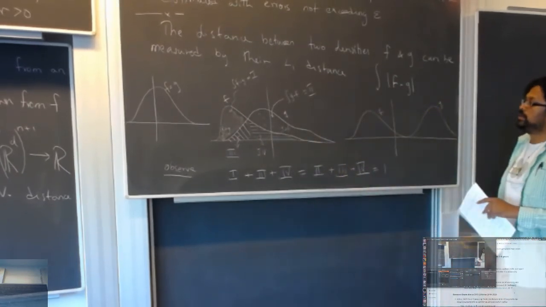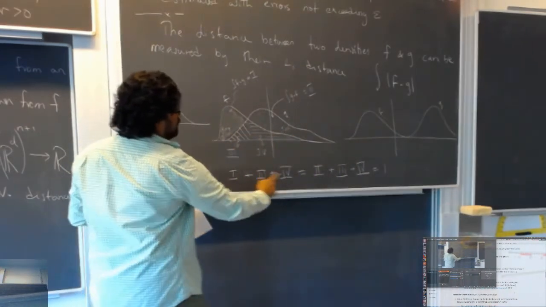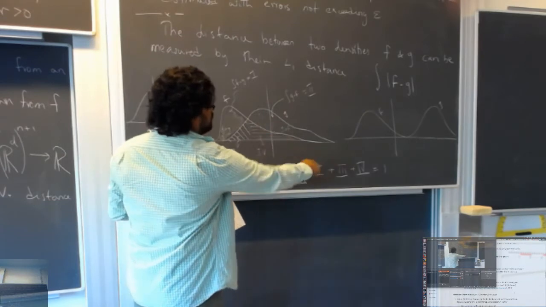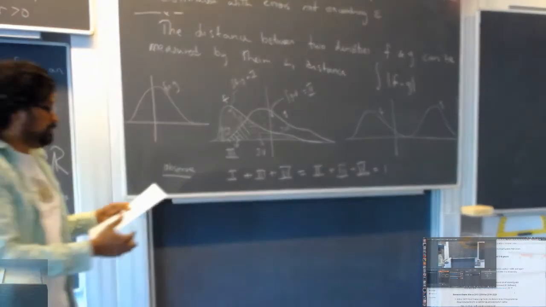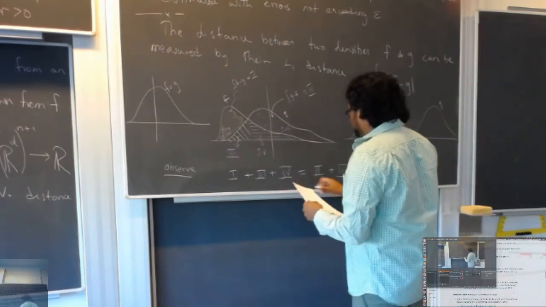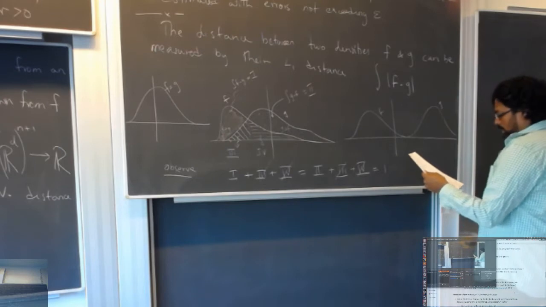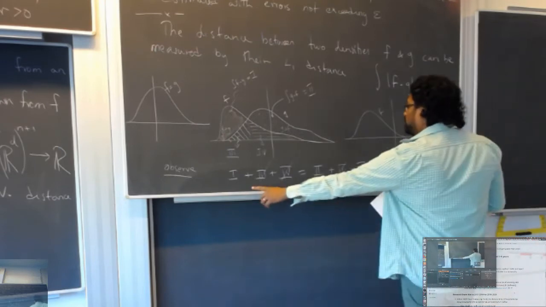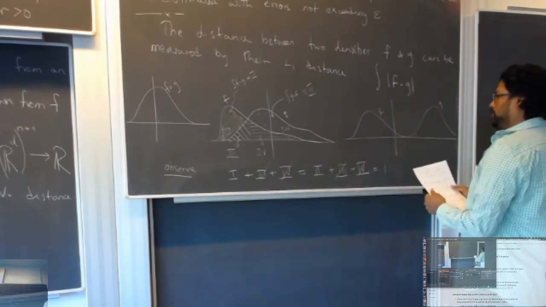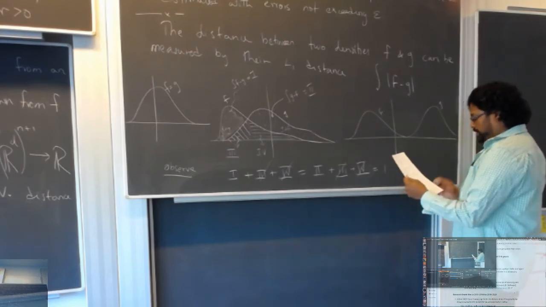Because this integrates to 1, and this integrates to 1, we have these simple identities, and we can just cancel 3 and 4, and note that 1 equals 2.